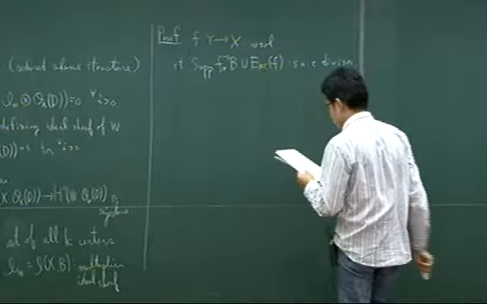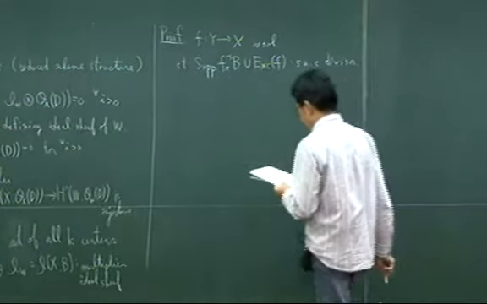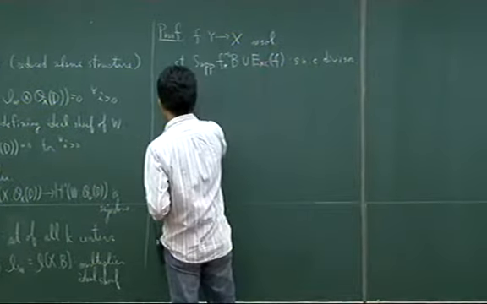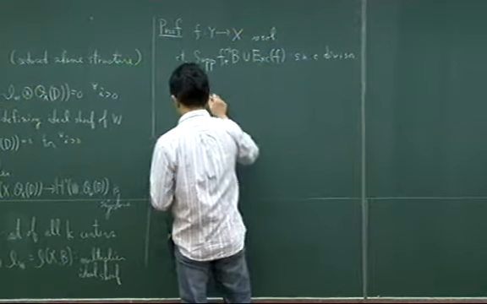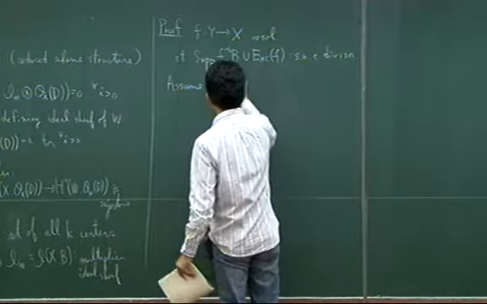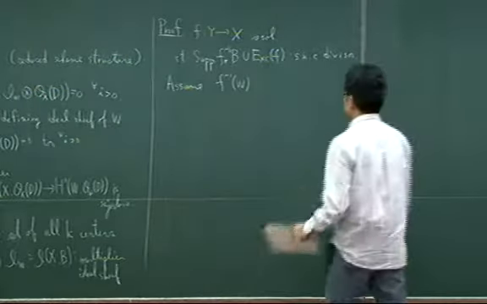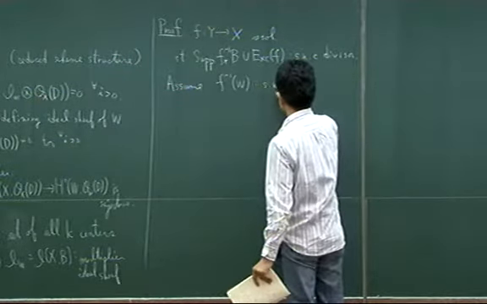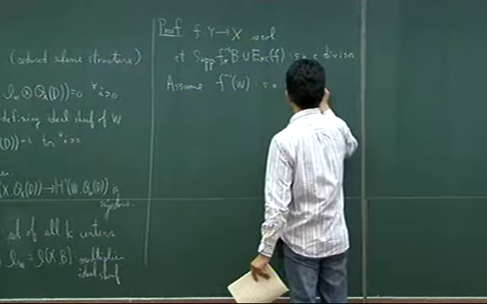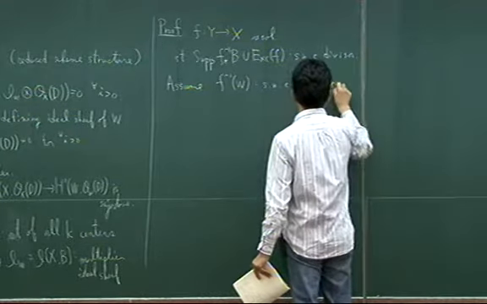We can take such a resolution by Hironaka, and we assume f^{-1}(W), the set theoretical inverse of W, is also a simple normal crossing divisor on Y.